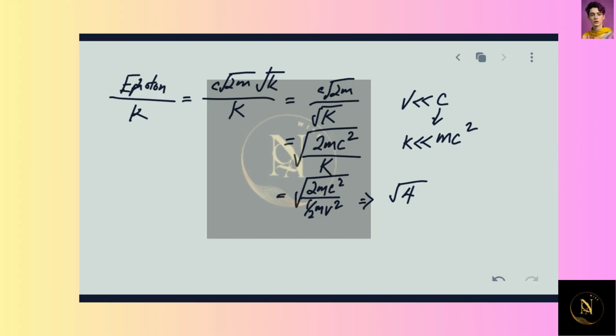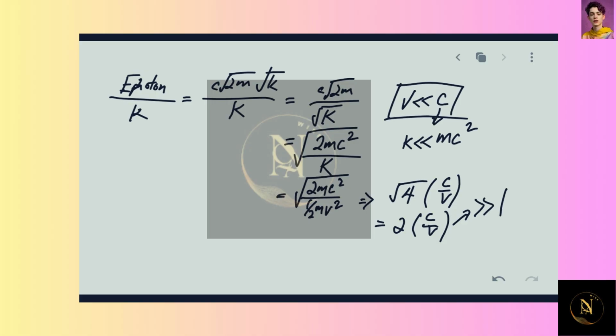It equals 2 times c over v. And we know that since v is much smaller than c, this is a much larger value than 1.